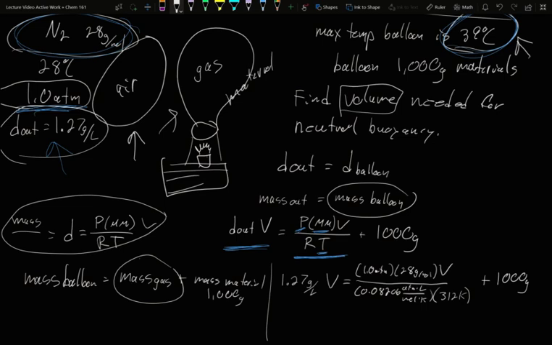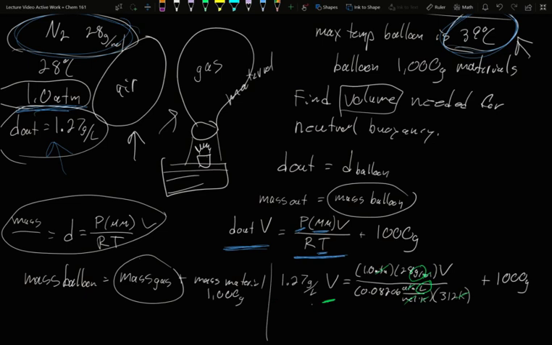When we think about units, atmosphere and atmospheres will cancel. Moles and moles will cancel. Kelvin and Kelvin will cancel, but grams and liters are going to be around still, which is kind of what we wanted. We wanted grams and liters times volume, and we have grams and liters times volume.